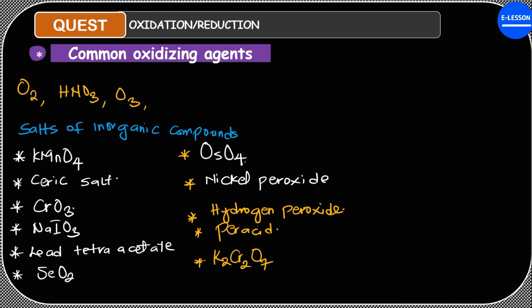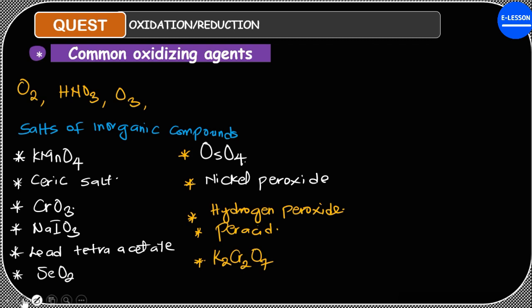And then there are some organic compounds that you may not really want to use any of these to oxidize. You have to make a careful choice. You have to select which should be used for oxidizing a particular organic compound, so that you do not mess up the whole process and the whole reactions.